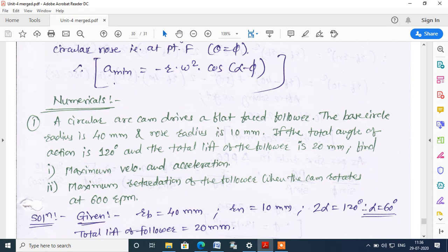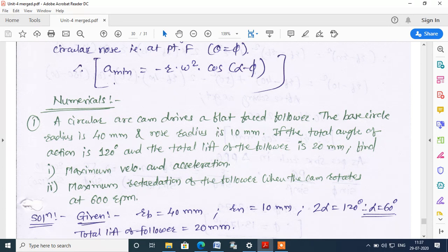Now here we will discuss the numerical on the circular arc cam with flat face follower. So now write down the numerical. The circular arc cam drives a flat face follower. The base circle radius is 40 mm and nose radius is 10 mm.